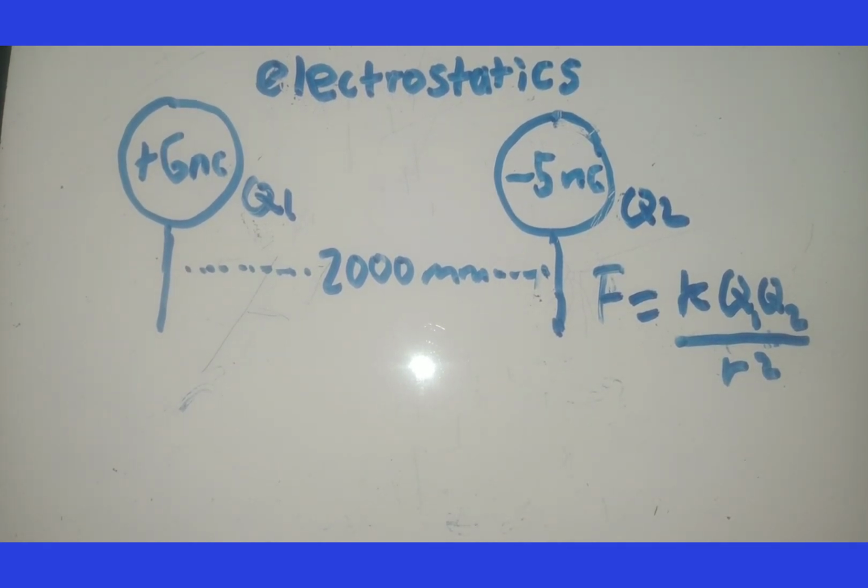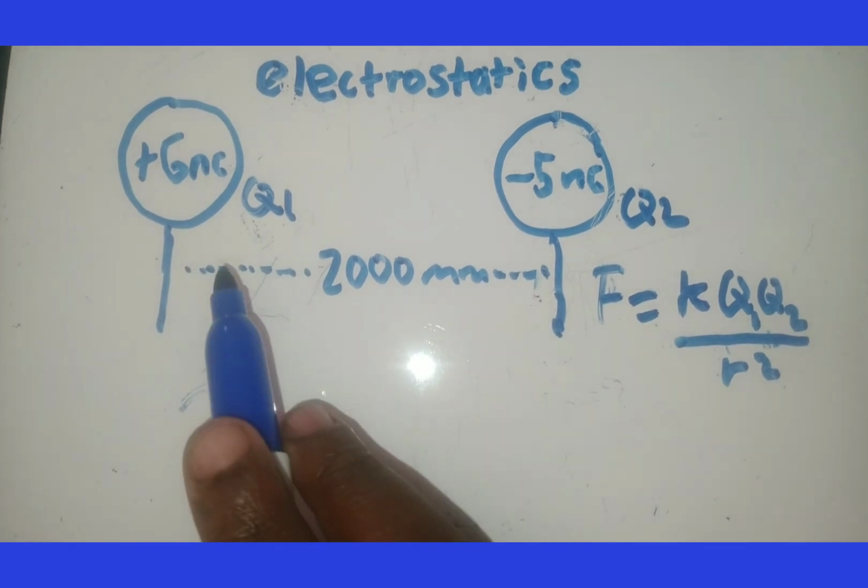So let's say they want you to calculate the electrostatic force on Q1 due to Q2. But remember that the electrostatic force on Q2 due to Q1 is the same, because they're both exerting the same force of attraction. So let's say they want you to calculate the electrostatic force on Q1 due to Q2.